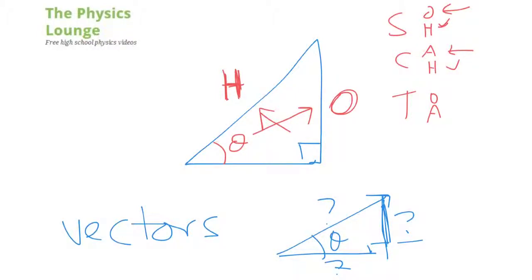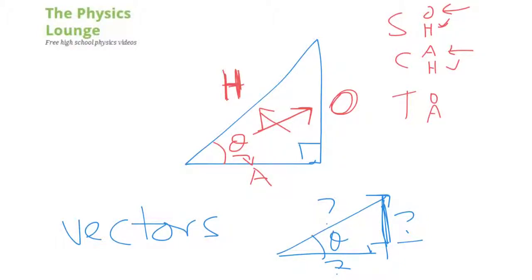It's not always that vertical one there, because you could have this side down the bottom being the opposite if your angle was up the top here. But you find the opposite in reference to where the angle is, and that would make this one the adjacent because it's adjacent to, or next to, the angle that's given there.